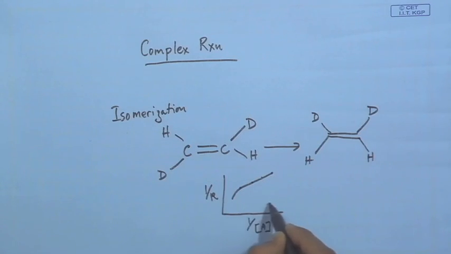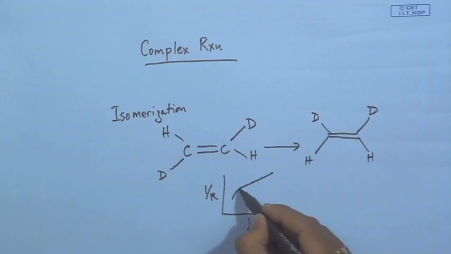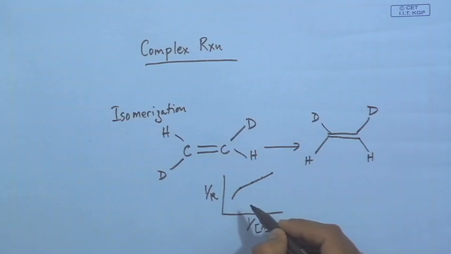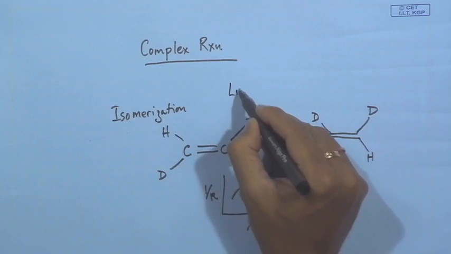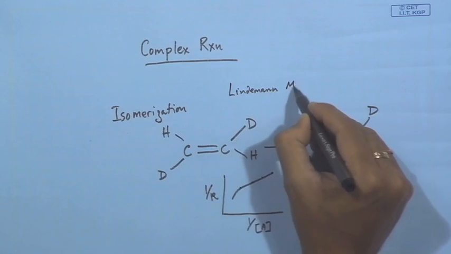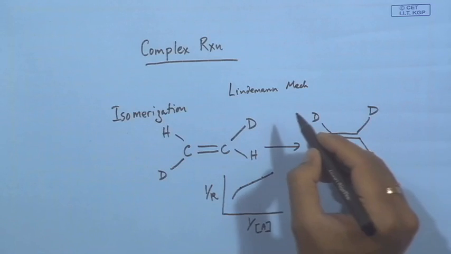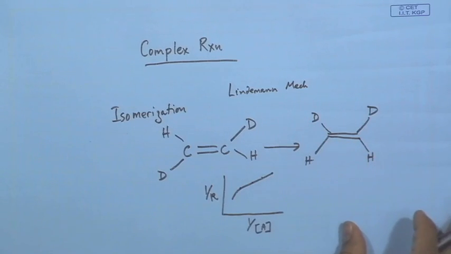But in the high pressure region it is found to deviate significantly from linearity. Okay, so this is one example of the Lindemann mechanism, which is also called the Lindemann-Hinshelwood mechanism. In 1921 this was proposed.